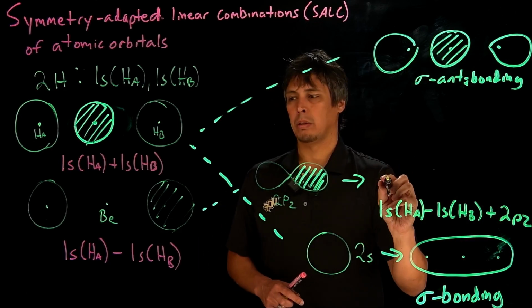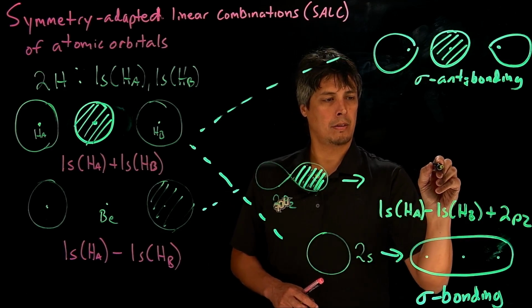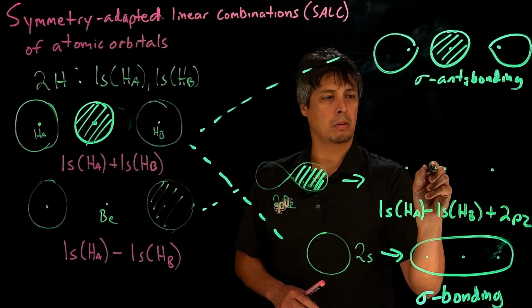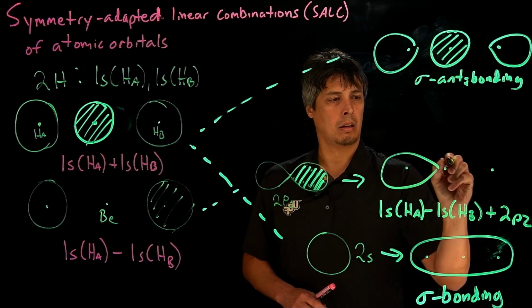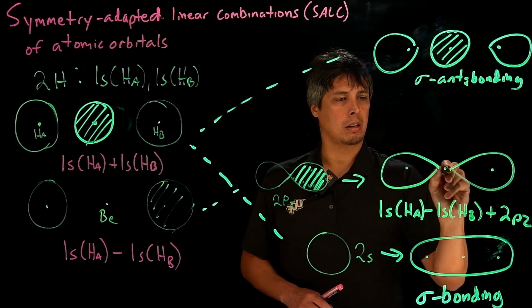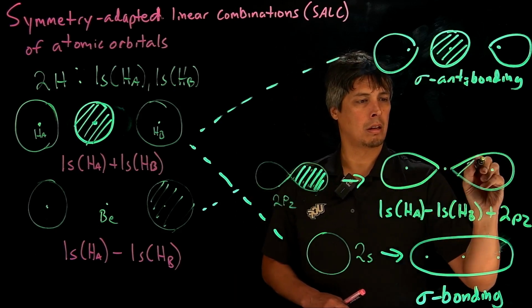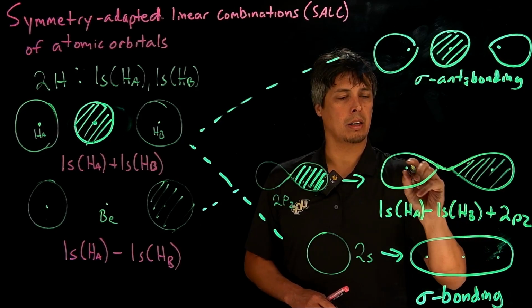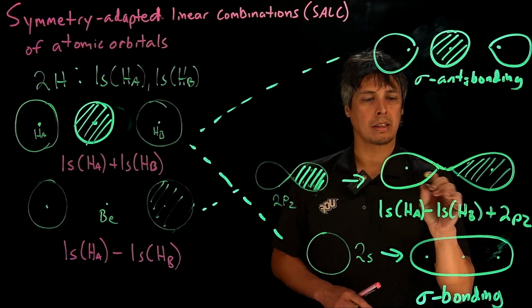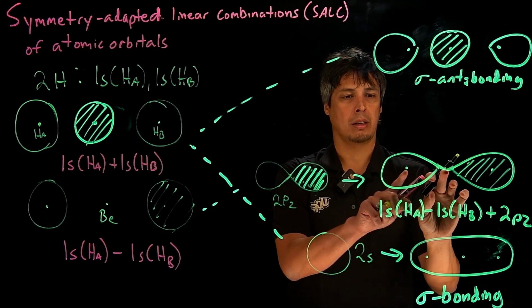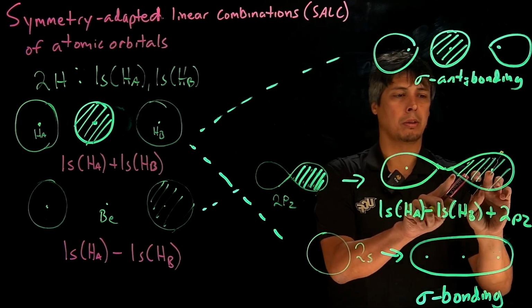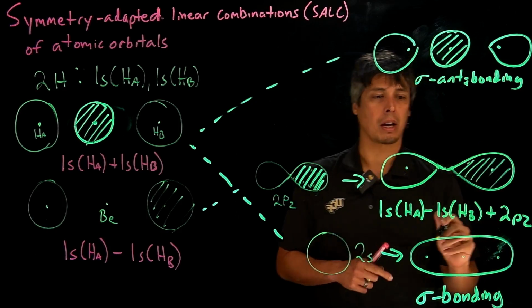Okay, what we end up with is, this is our beryllium, hydrogen, hydrogen, right? We're going to end up with something that almost looks like a p orbital itself. It has a node right at the center. And again, we have electron density between each pair of nuclei, between beryllium and hydrogen A and between beryllium and hydrogen B. So this is a bonding orbital.